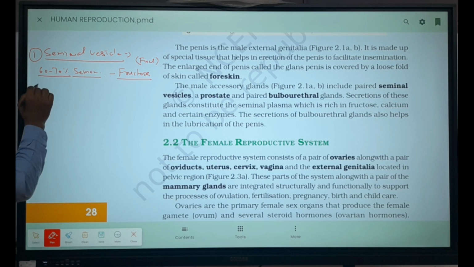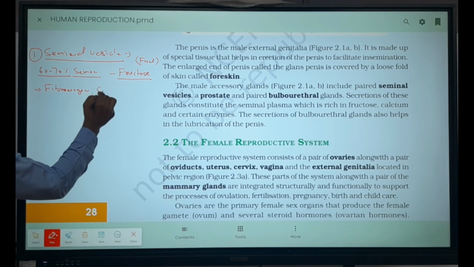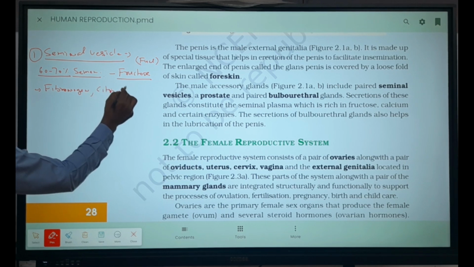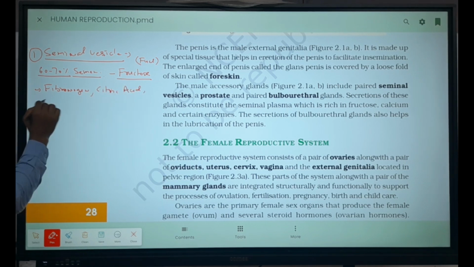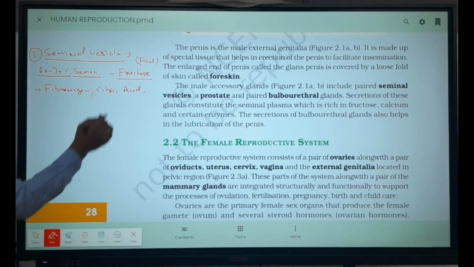Another substance also present in seminal secretion is fibrinogen, another is citrate, not citric acid, it is citrate, right?